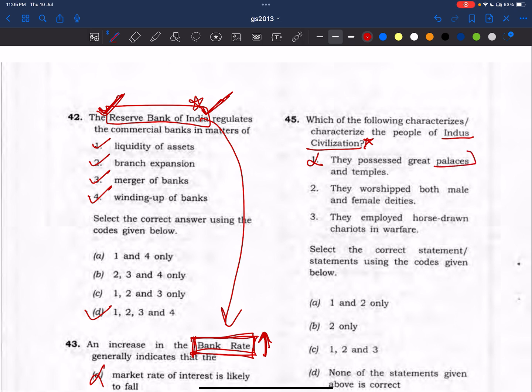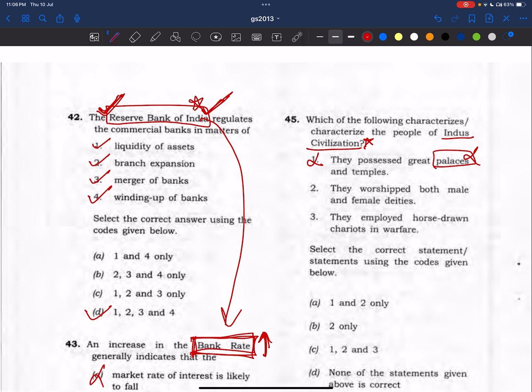See here, if there were palaces, we could have said that the Indus Valley civilization followed monarchy, but we are not very clear about that. So there are no palaces like that. There is a citadel and there are structures on it, but most of the time there are the Great Bath, granaries, all these things which are related to the economy, but the political setup was not clearly mentioned in the architecture.